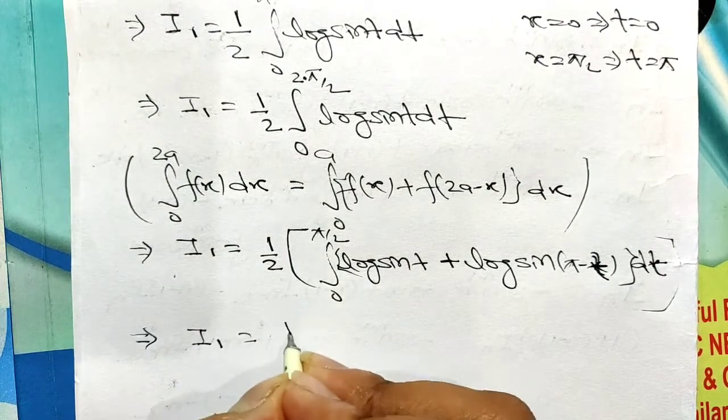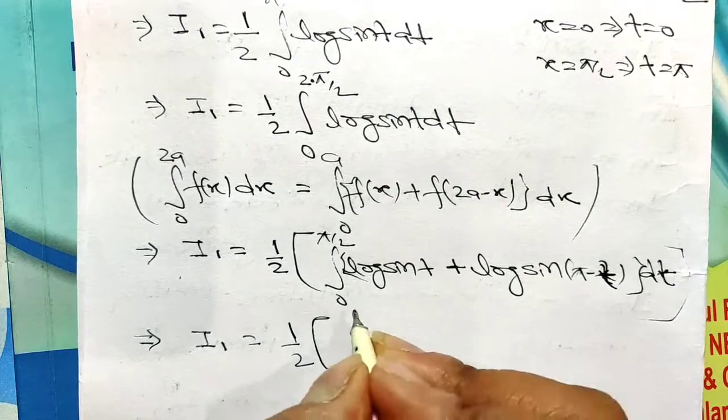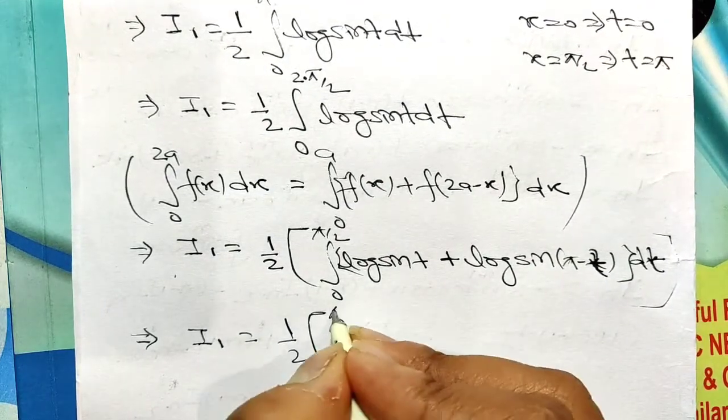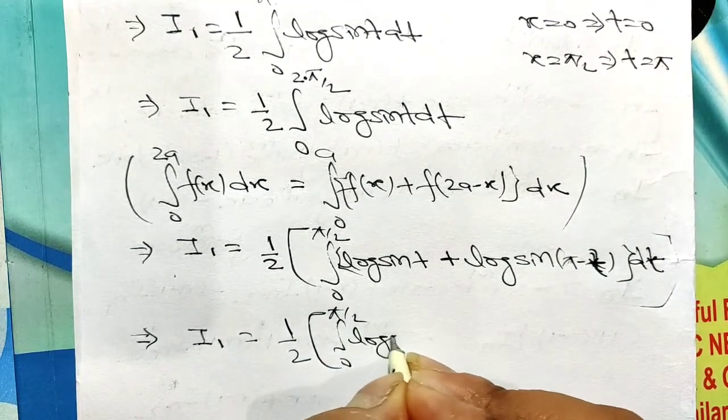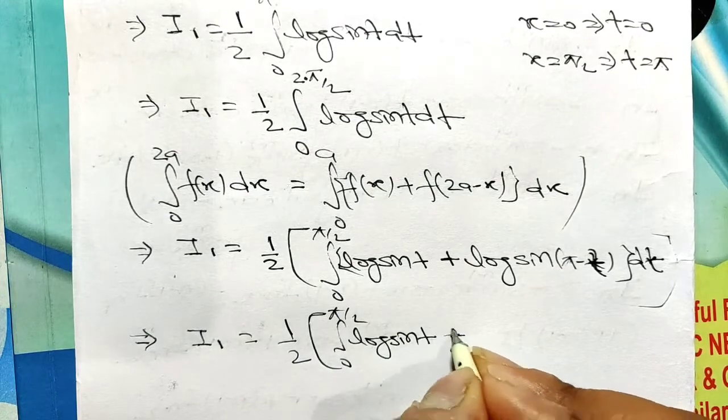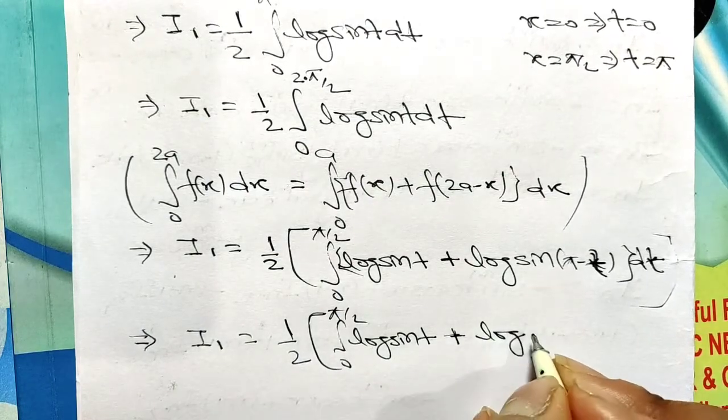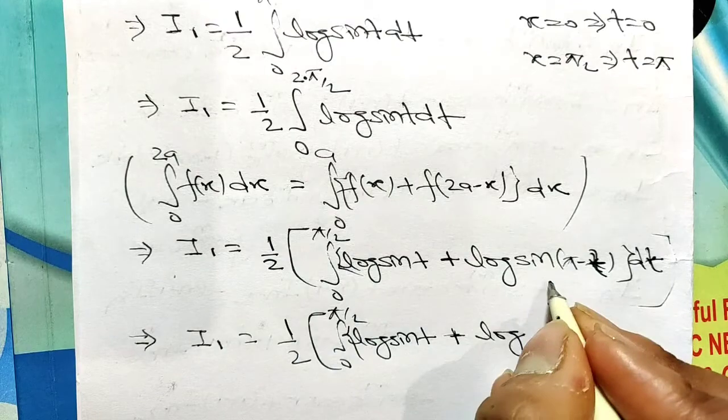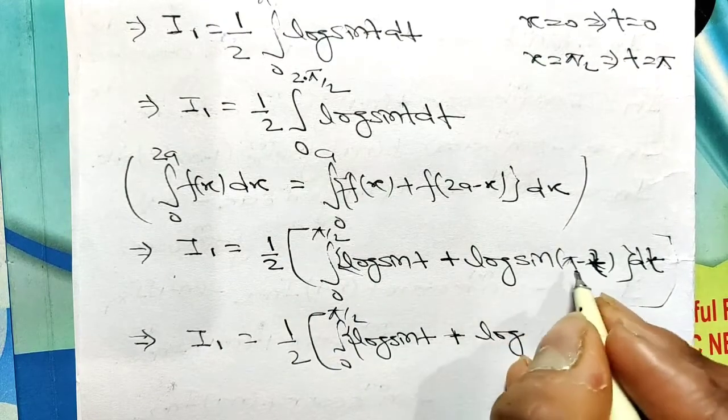After that, I1 is equal to half. This can be written as integral 0 to pi by 2 of log sin t plus log sin(pi minus t), which is nothing but sin t, since sin(pi minus t) is sin t.